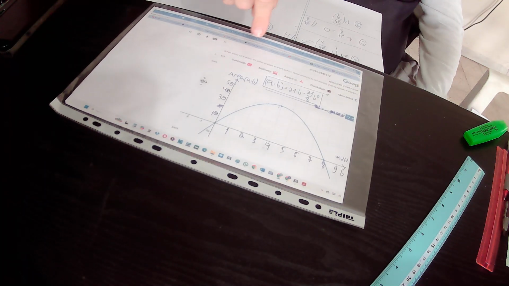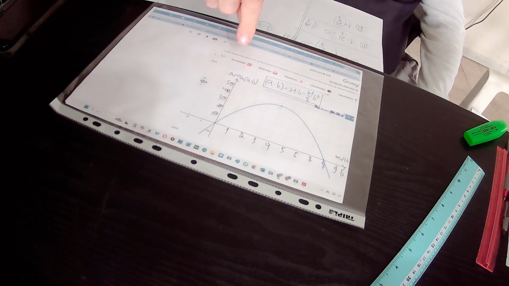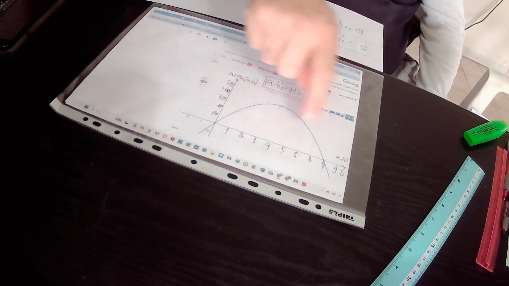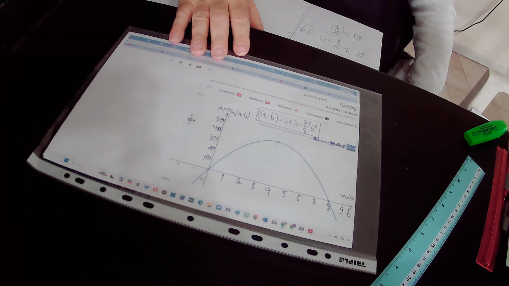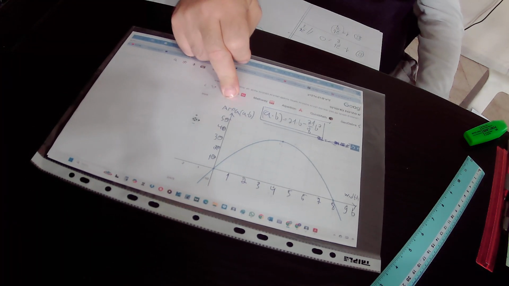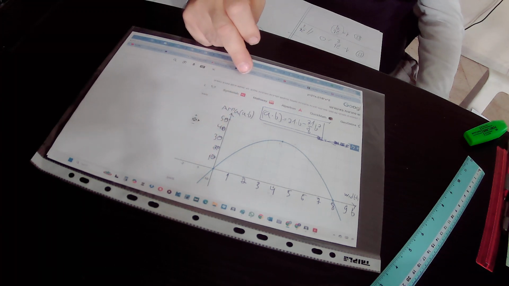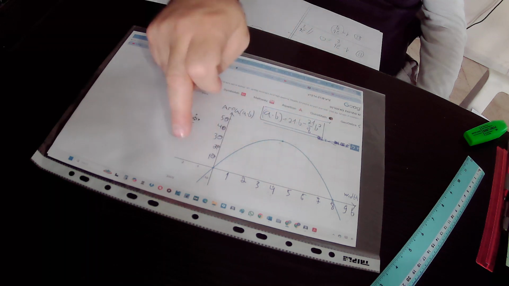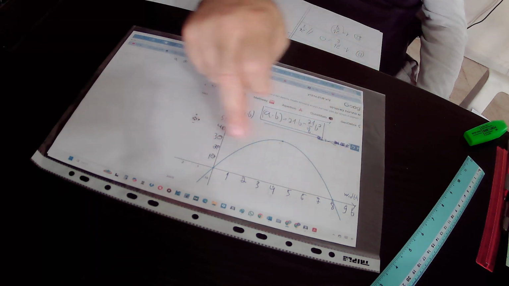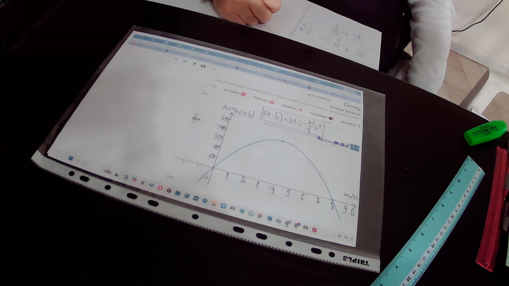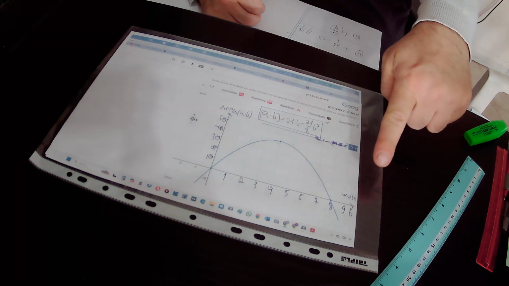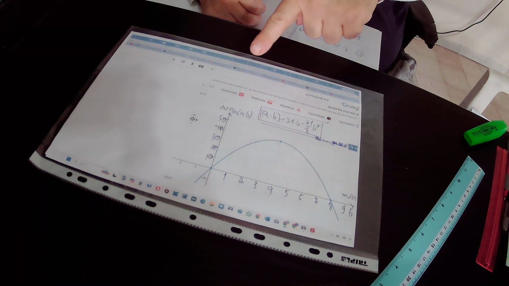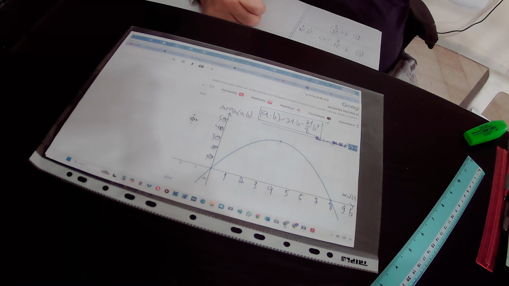So here, this is the area of rectangle PQST as a function of the width B. In the y-axis, we have the area of rectangle PQST, and in the x-axis we have the width B.